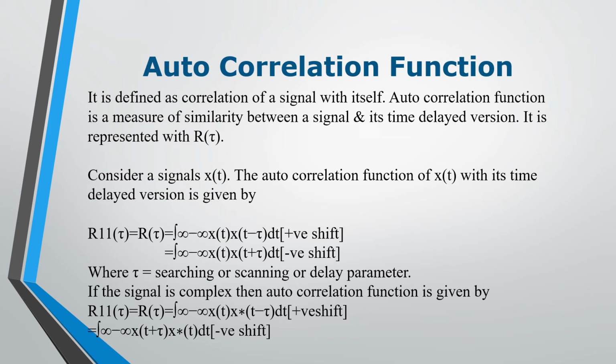If the signal is complex, then the autocorrelation is given by R(tau) equal to the integral from minus infinity to infinity of x(t) times x conjugate of (t minus tau) for positive shift, and the integral of x conjugate of (t plus tau) times x(t) for negative shift.